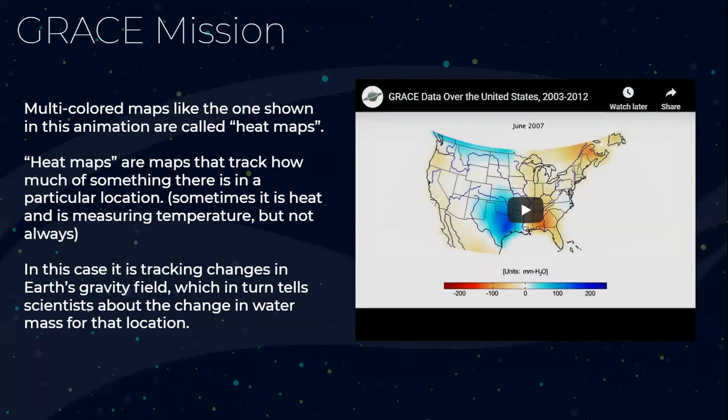When it changes, the satellite either speeds up or slows down. So the distance between the two satellites can be used to interpret the strength of gravity the satellites are experiencing when they pass over a particular location, which relates to the amount of water there, because that's the only thing about the mass that's changing in that location.